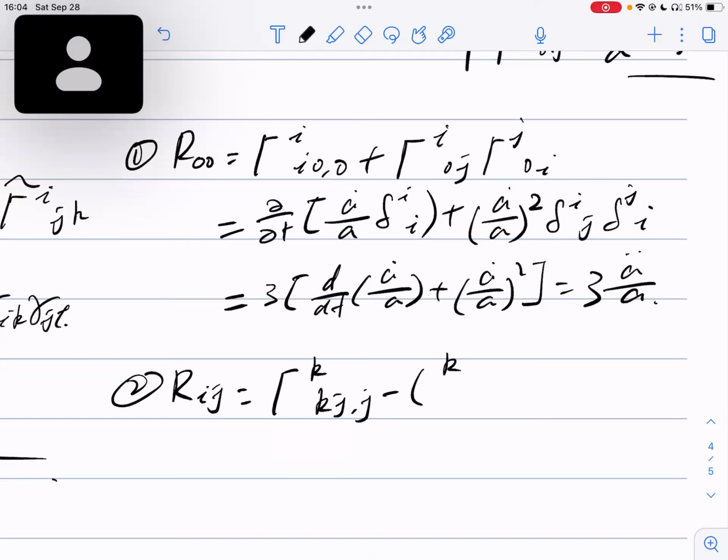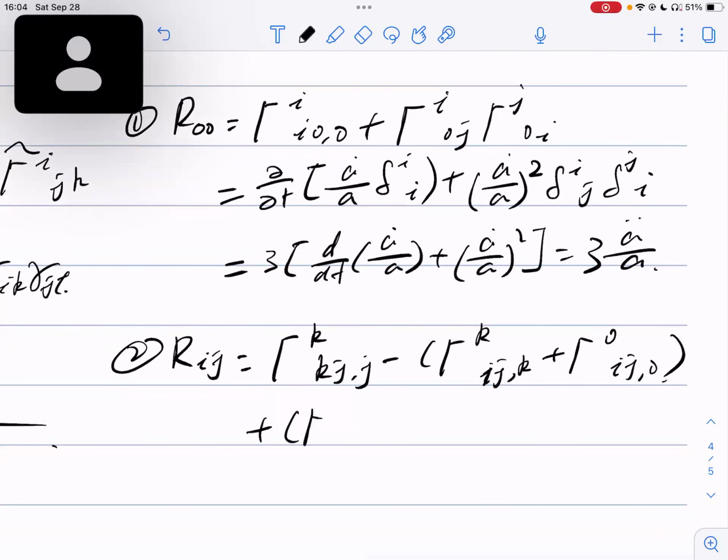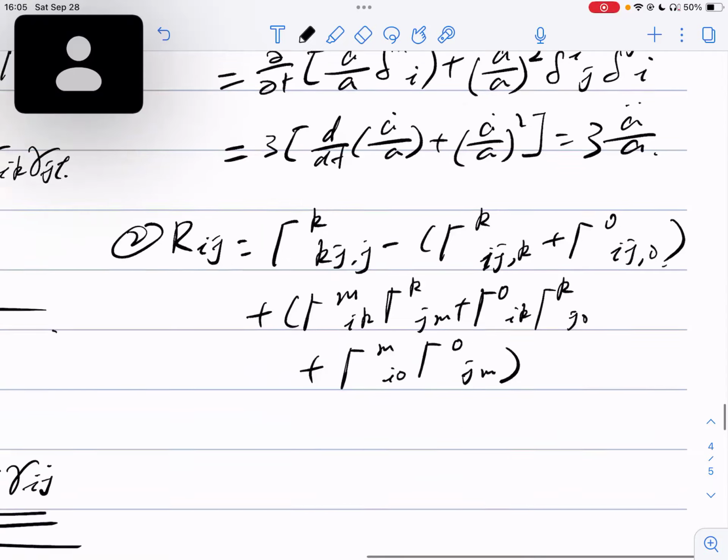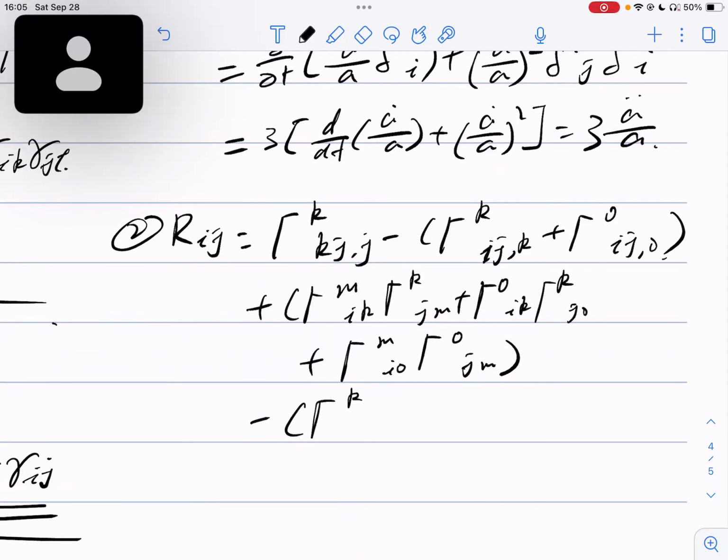So the only non-vanishing terms are: gamma k Ijk, gamma 0 Ij 0, plus gamma m Ik gamma k Jm, plus gamma 0 Ik gamma k J0, plus gamma m I0 gamma 0 Jm, minus gamma k Ij gamma m Km, minus gamma 0 Ij gamma m 0m.